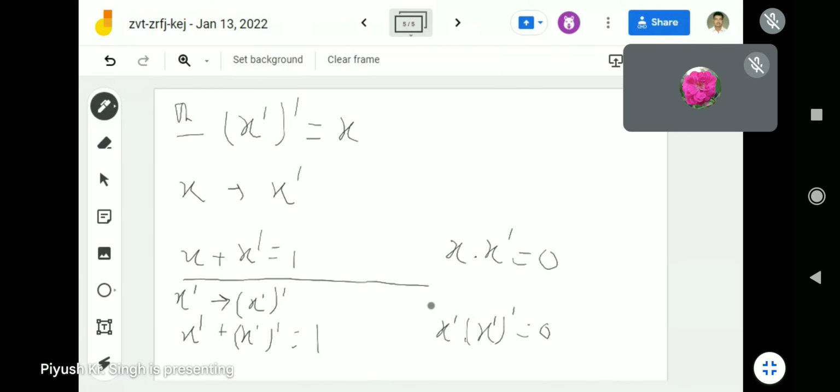Now since there exists a unique complement, in both the equations, it means that x bar bar will be equal to x. Is it clear or not? ये बात आया समझ में कि नहीं?